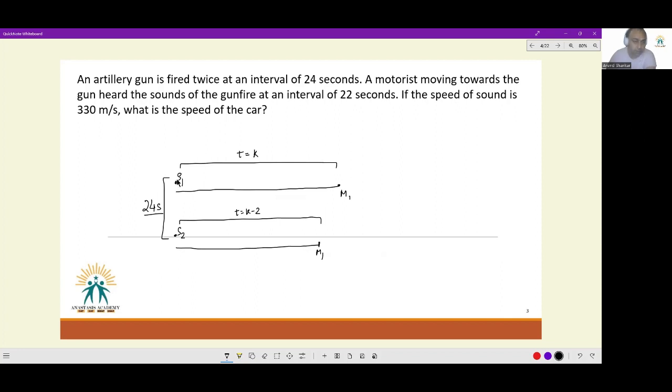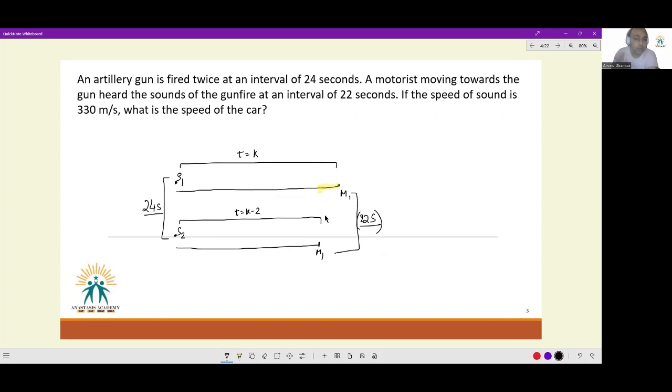From the shooting of the first gun to the shooting of the second gun, 24 seconds have passed. But the motorist is hearing it as if only 22 seconds have passed between the two guns. Why is he hearing the second sound after 22 seconds? Because he has gotten closer to the source of the sound.